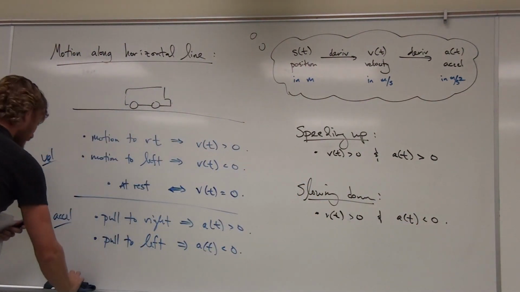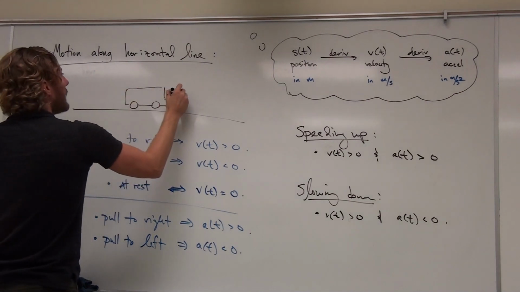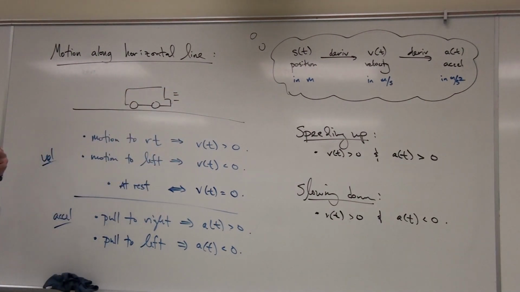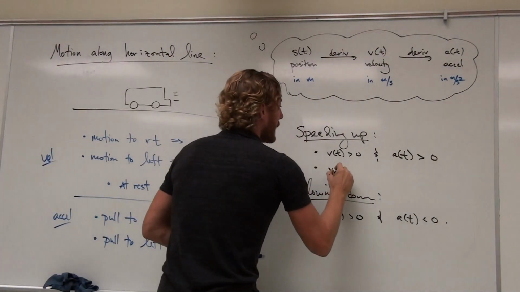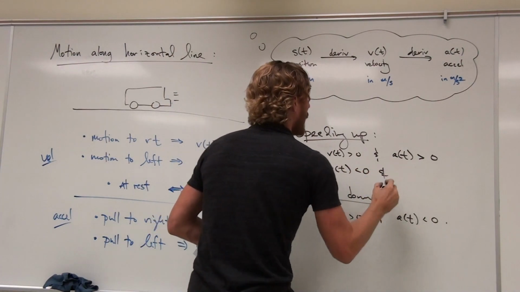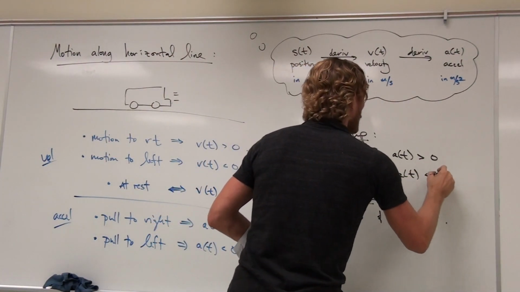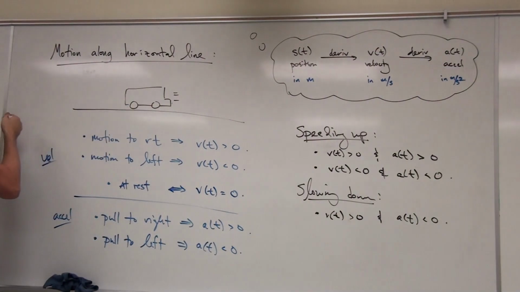Okay, let's imagine the reverse scenario. Imagine the car is in reverse. Imagine the car is heading left. What would cause the car to speed up? Well, if the car is heading to the left, the car would speed up if you also pulled to the left. If you pull to the left and the car is heading left, the car is going to speed up. It's going to be going faster.